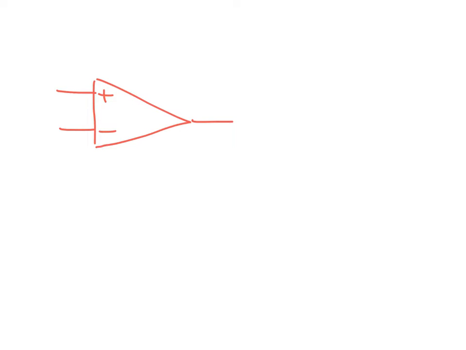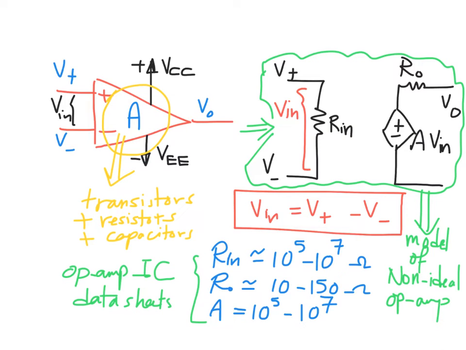This operational amplifier is nothing but a three-terminal device: the V plus and V minus, and the output terminal V naught. So if we have the input terminals V plus and V minus with difference voltage Vn, and we have a gain inside this amplifier called A, and we have our output voltage V naught, there is some relationship between this output voltage and the input differential voltage Vn.